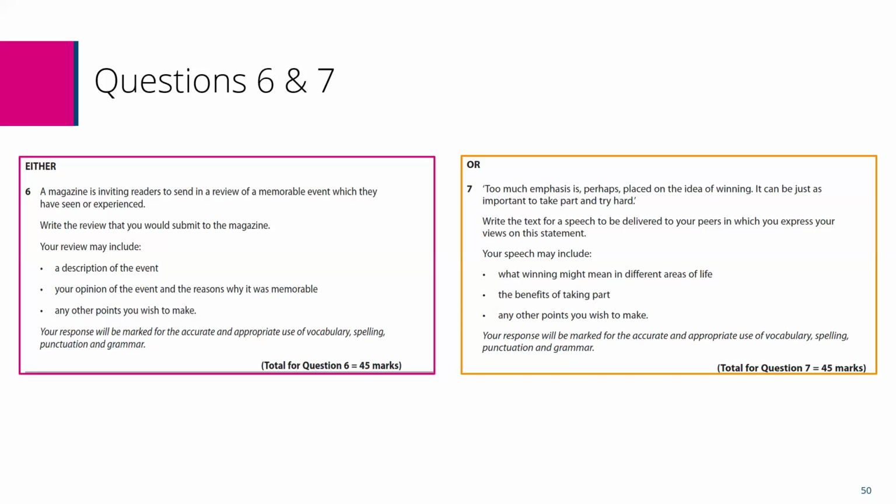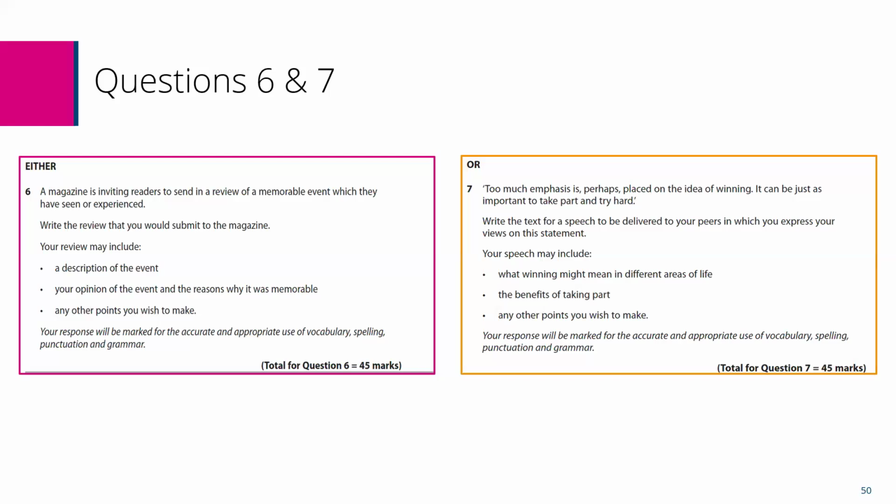This is transactional writing, always a choice and always scaffolded, by which I mean there are always bullet points to guide students here. The question paper is in the pack. From the examiner report from June 2024, the principal examiner stated that question 7 was the more popular of the 2 questions. So we are going to just be looking at a snippet of a question 7.